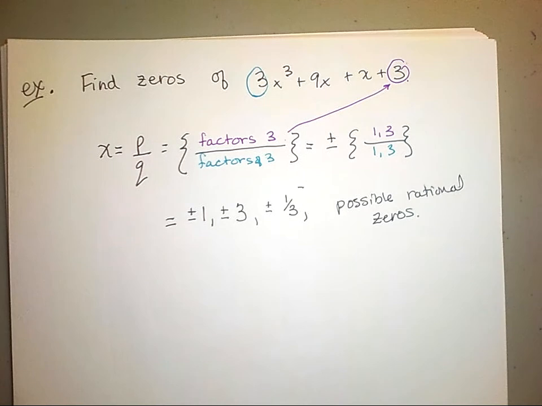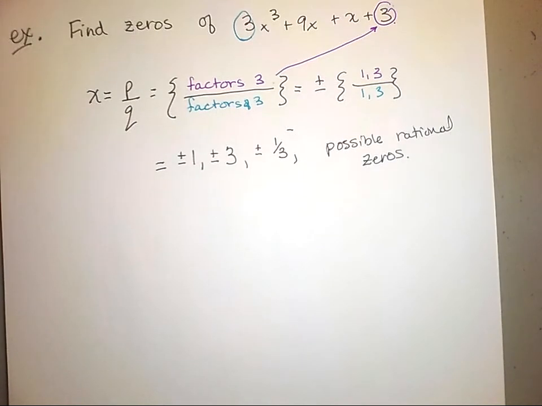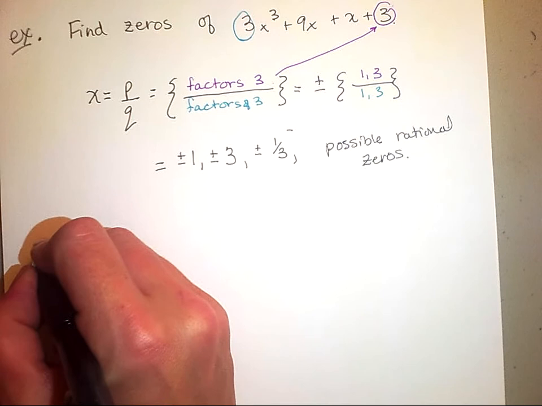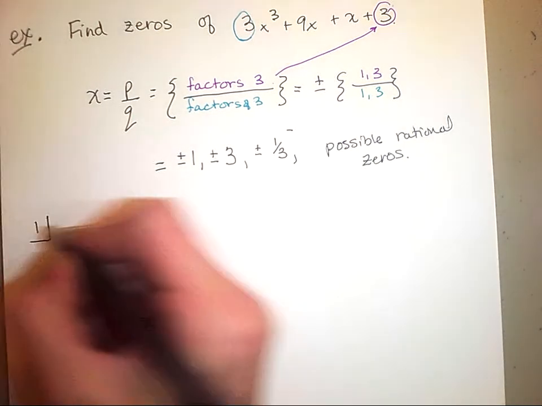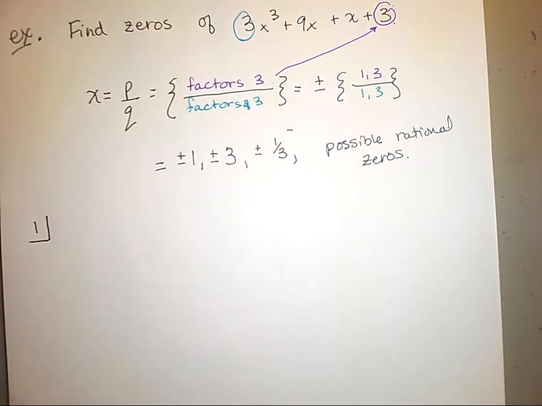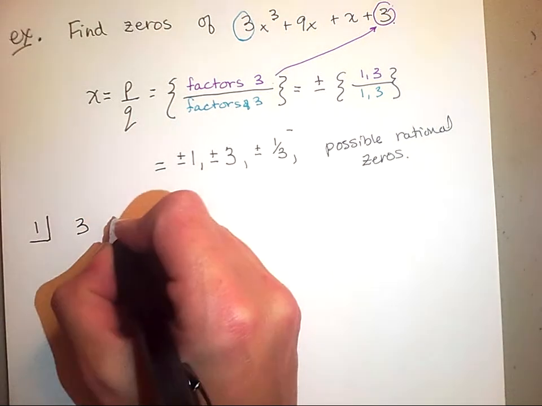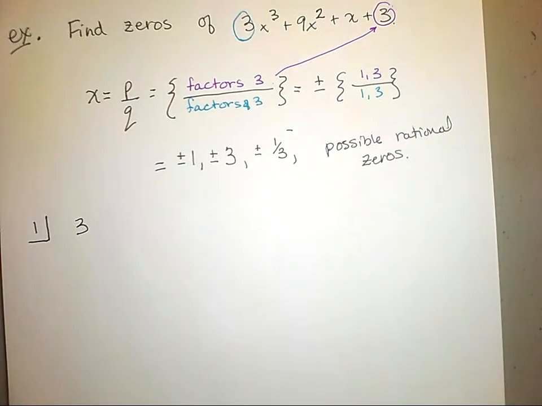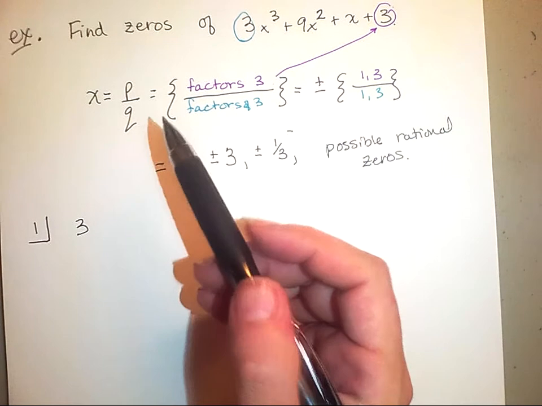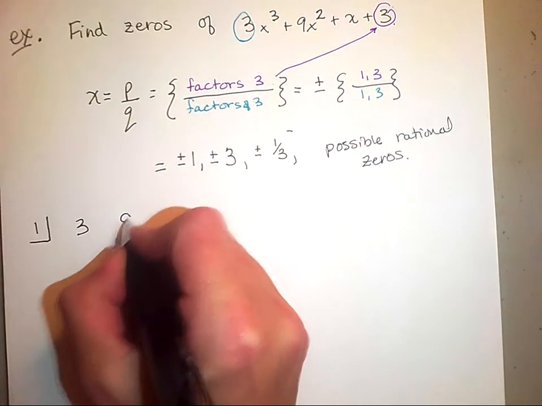Alright, so again, let's start with the easiest one first. Let's go by +1. You can go by -1, it doesn't matter. Oh, this should be x squared. So 3, 9, 1, and 3, all positive.